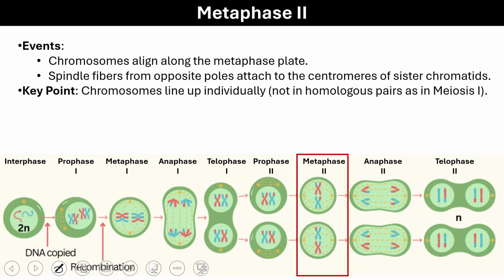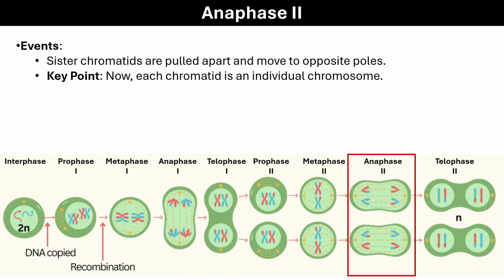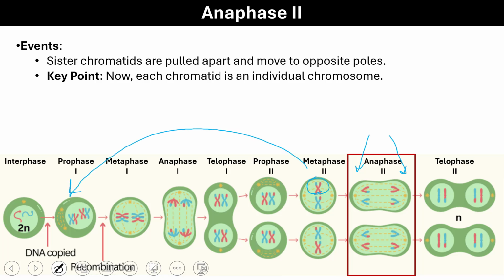The metaphase is always characterized by alignment of chromosomes at the equatorial plate. The spindles get attached to the centromere of sister chromatids, and in the next step, these sister chromatids will be pulled towards the poles. In anaphase, the sister chromatids are pulled to the poles, and that is what is visible. So what we have actually separated was one single chromosome that had duplicated itself in the interphase.